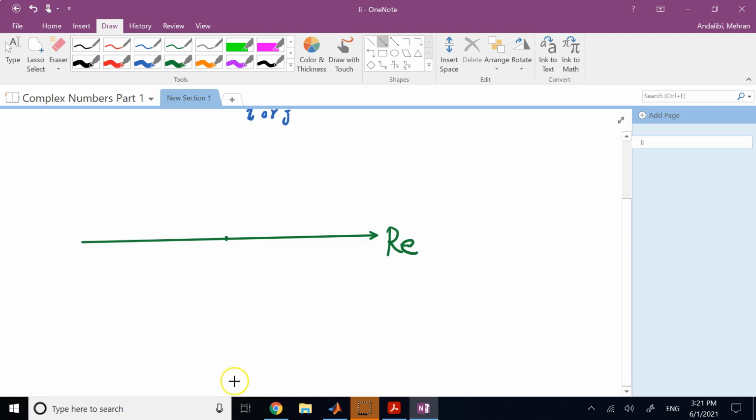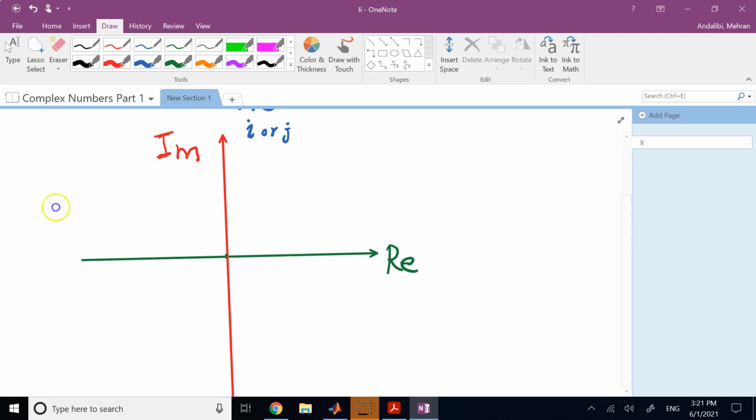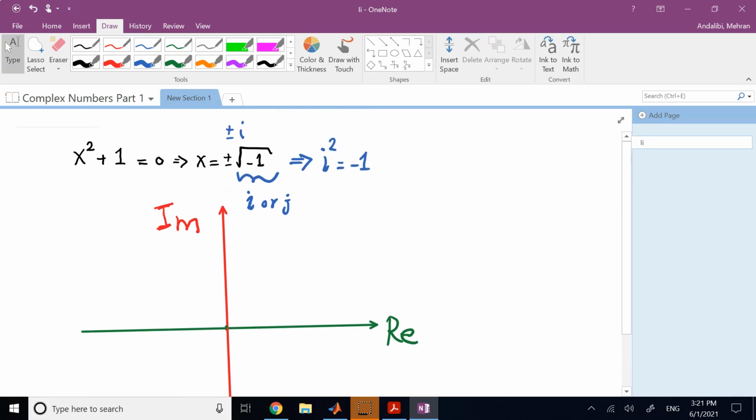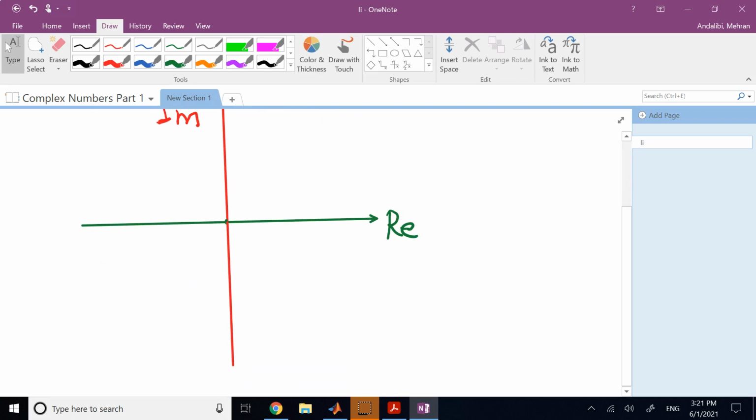It also goes from negative infinity to positive infinity. But this axis, we call it the imaginary axis. So Im means imaginary, Re means real. Okay? So they said now this axis will be basically showing how many i's or how many j's that complex number has, and this real part shows the real portion.